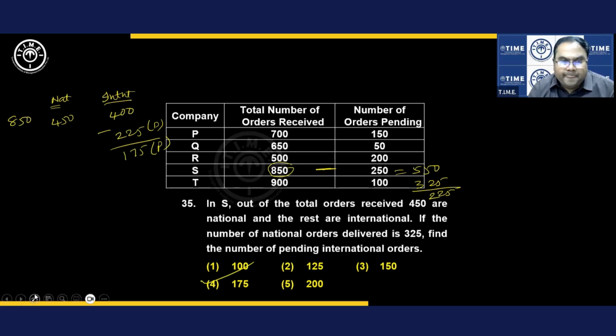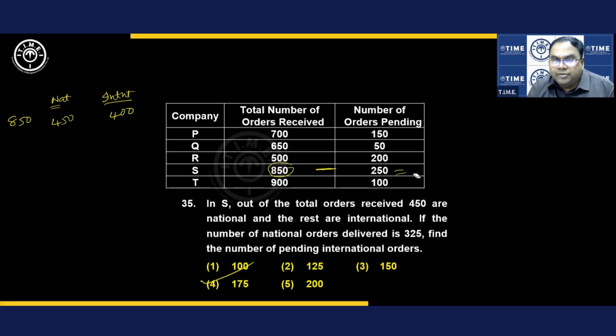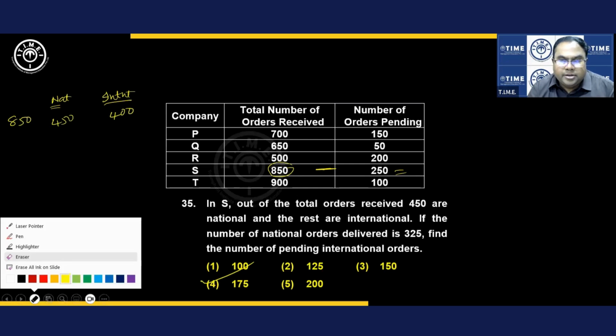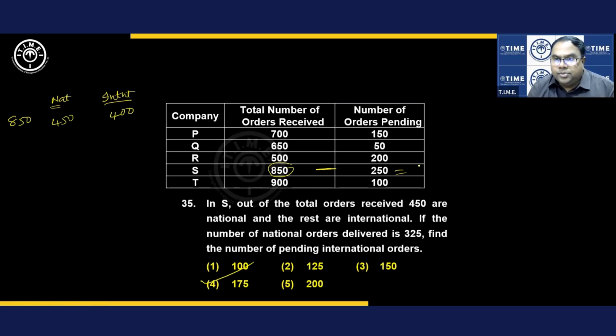One second. We made a mistake somewhere. Just check. If the number of national orders delivered is 325, how many orders delivered? 850 minus 250. So it is not 550, right? This is how much? 600. Out of this 600, national deliveries are 325.